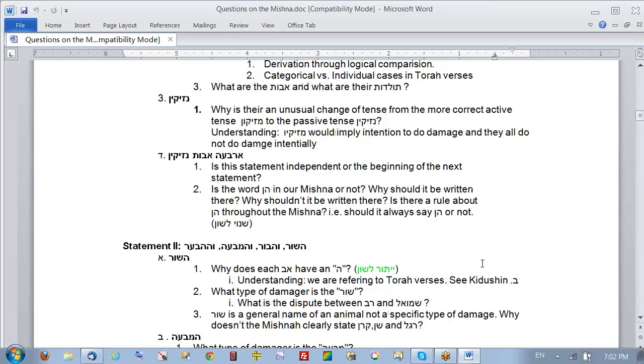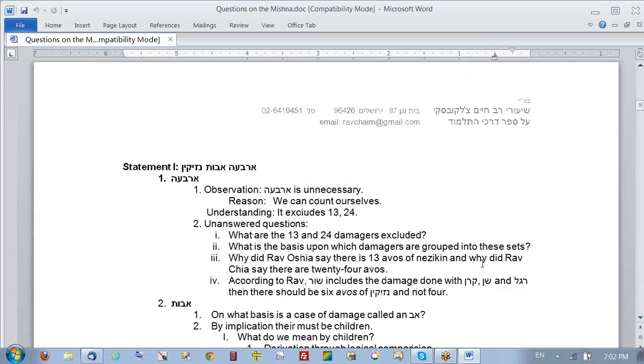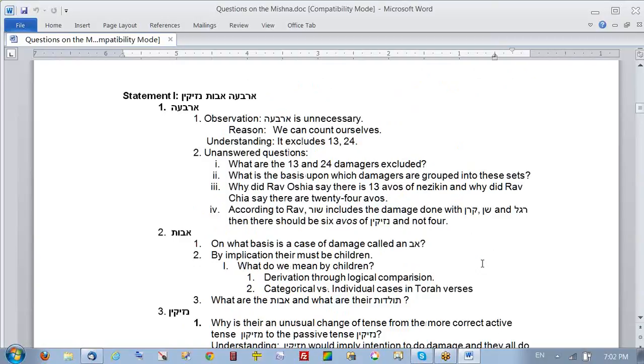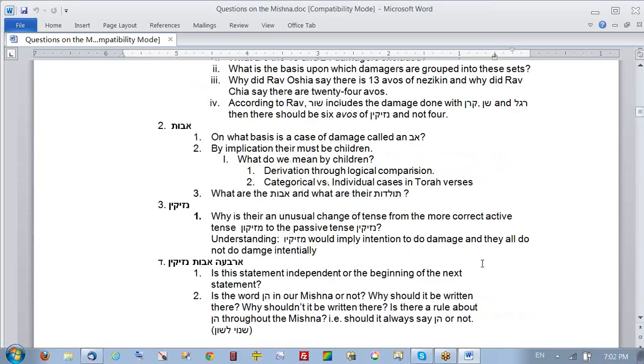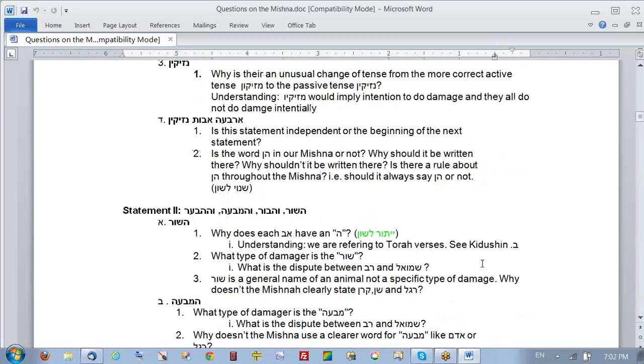I took each one of these statements and I wrote out what rules they violate, such that we're going to have to now understand the deeper level of the discussion. Okay.